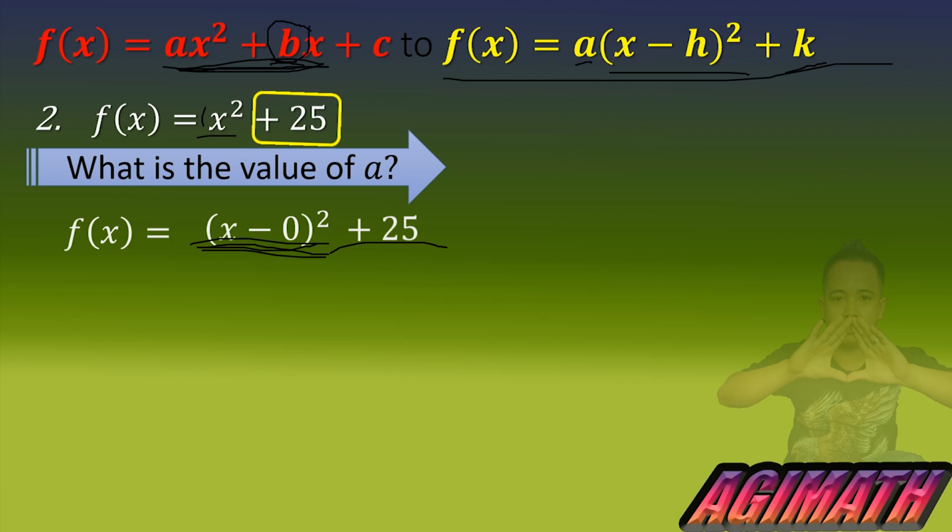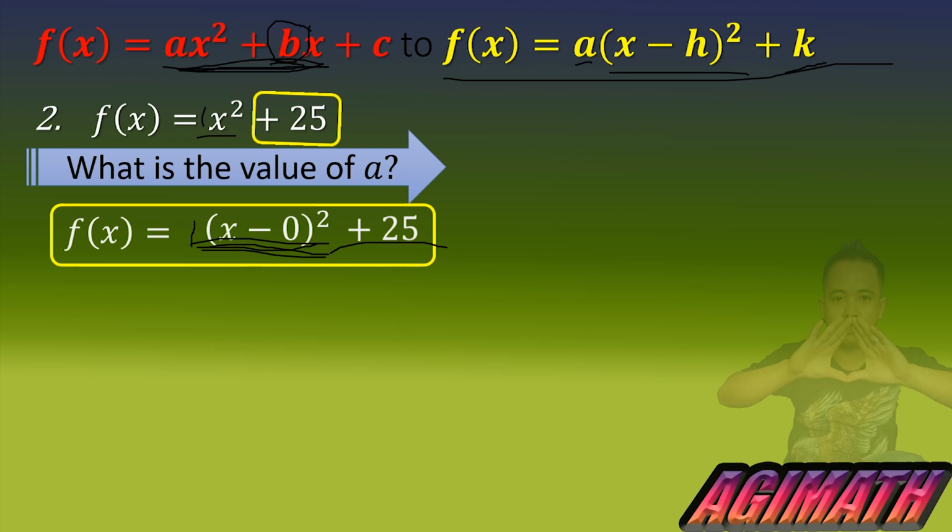So again, if b is equal to 0, automatically the value of c will also become the value of k. So we will have the vertex form f of x equals x minus 0 squared plus 25, and again the value of a is equal to 1, and we do not need to write 1.